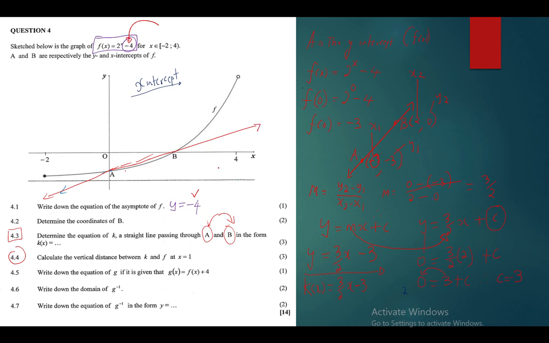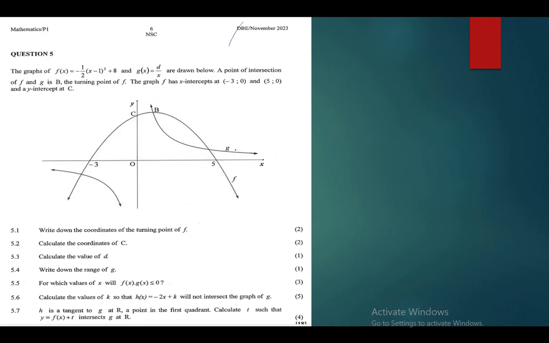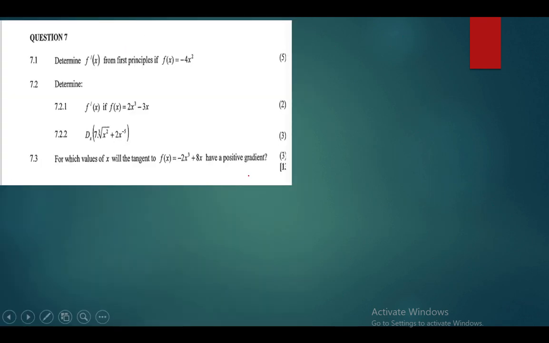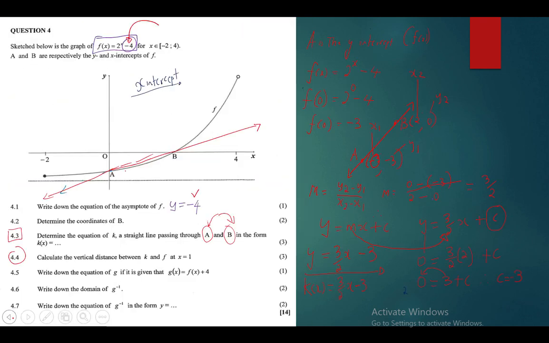So they say calculate the vertical distance between K and F. This is the function K, and the function F is here. So they want the vertical distance between K and F at x equals to 1. Suppose x is 1 here.